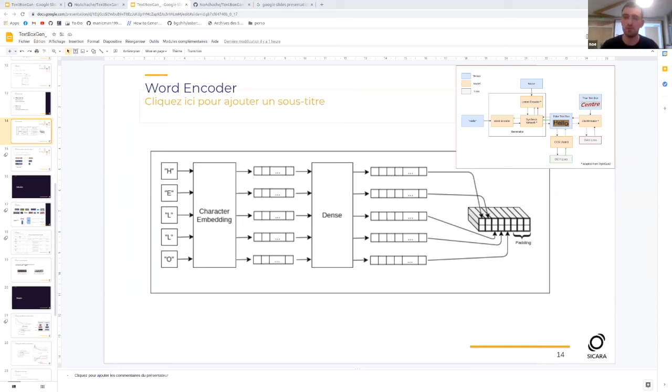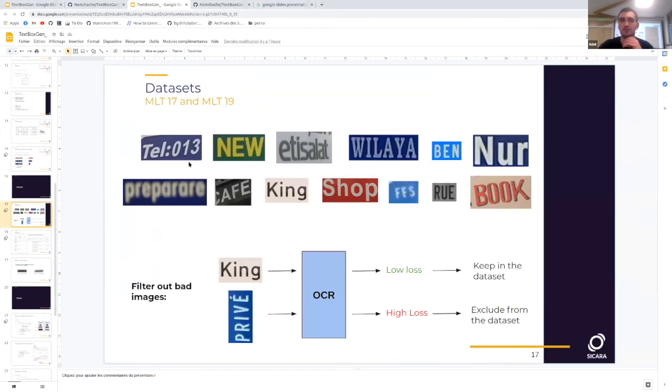If you train it with a data set which is not using any Latin characters, then it could. But right now the data set is only with Latin characters. Actually MLT17 and MLT19 contain a lot of non-Latin characters, but since I don't really understand them and I don't know how to read them, I couldn't be a good judge of whether my network would be good or not. But it definitely could.